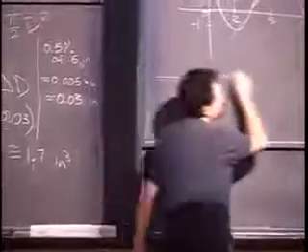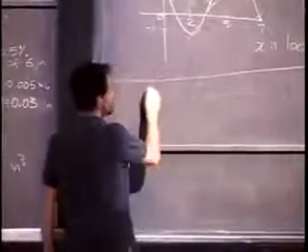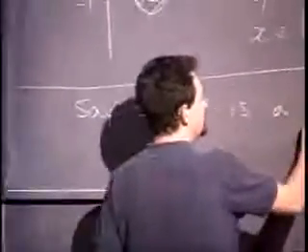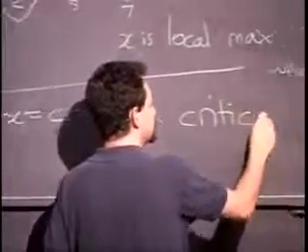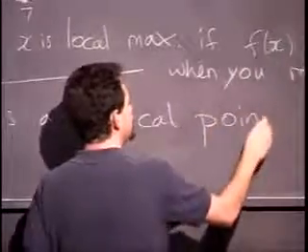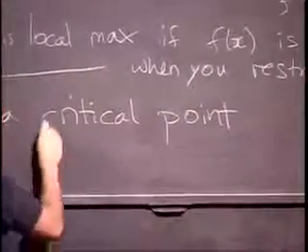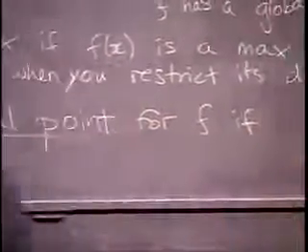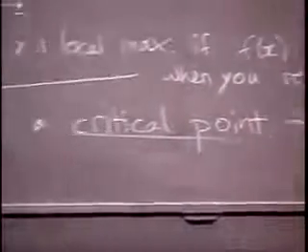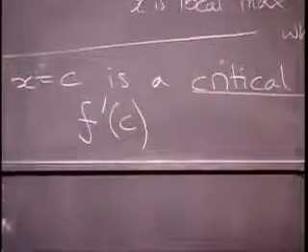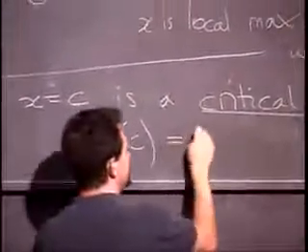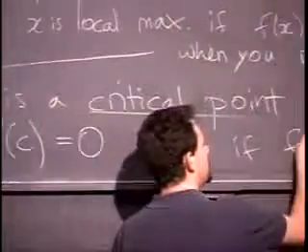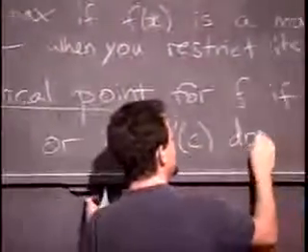I've got to use the derivative somehow, so let us say that x equals c is a critical point, as in, it's pretty critically important, for f, if f prime of c equals 0, or if f prime of c doesn't exist.